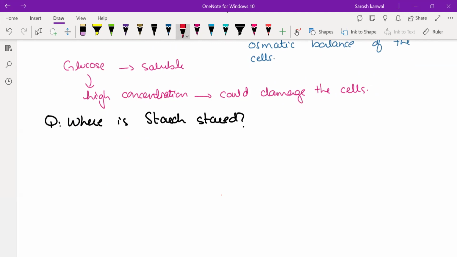Where do we store that starch in the body? So that is stored as grains in leaves, stems, or roots, right? Or in special organs.